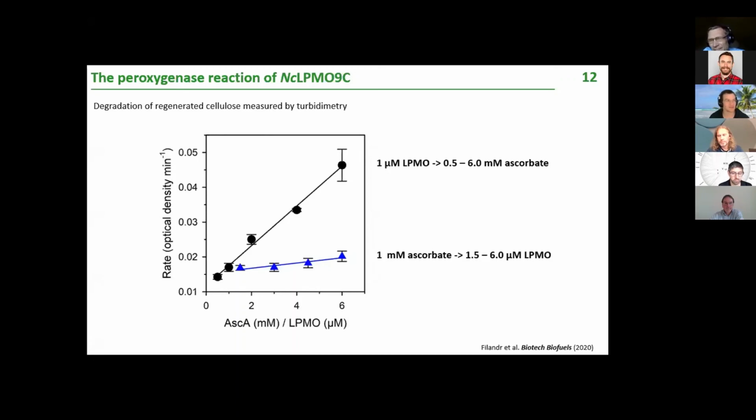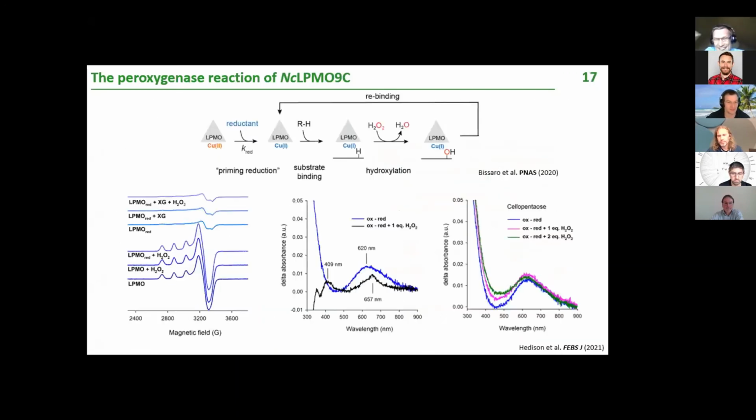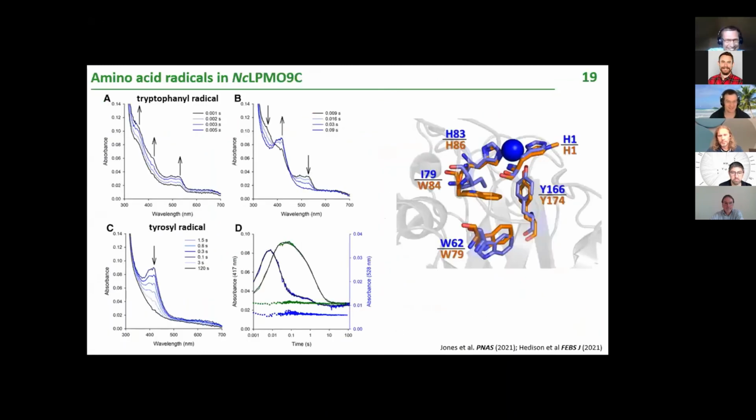Maybe, yes, but also I think that this reaction only happens if you do not have a substrate. And now I might sneak in another slide, because what we have measured, and this is very confusing, is that if you just mix a reduced LPMO with hydrogen peroxide, you will produce amino acid radicals.